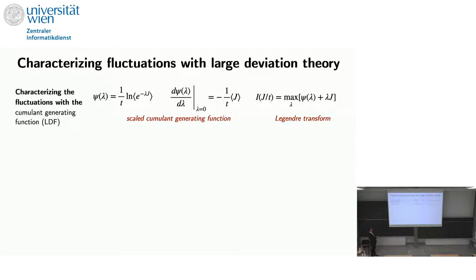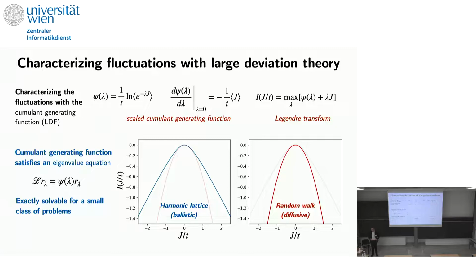There's nice mathematical structure in these sorts of problems and thinking about currents even far from equilibrium. But they really do contain quite a lot of information. In fact, this is a nice example of how you can just read off the mechanism by which heat is transported if you just know something about the structure of those distributions. So the rate function for two different examples of heat transport processes, one going through a harmonic lattice in which the heat transport is ballistic, or one in which it's purely diffusive, will have different features to that rate function, that scaled probability distribution.